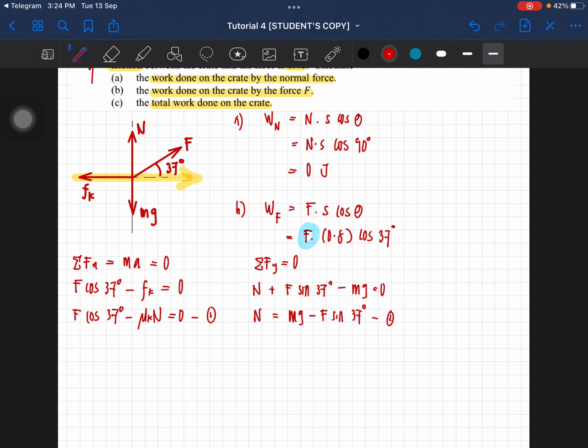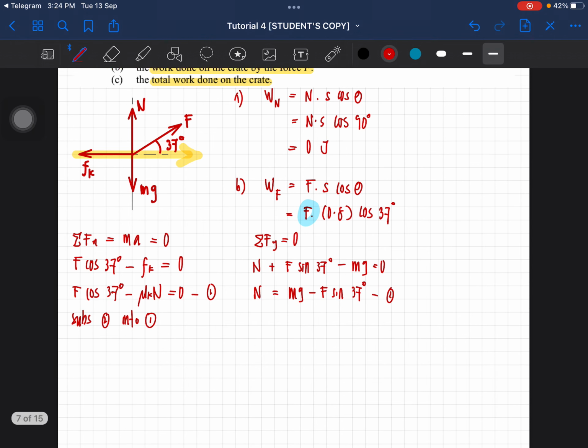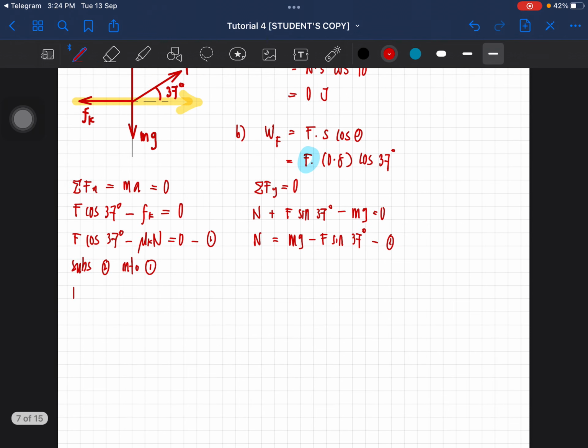Now we can substitute equation 2 into 1. So that is F cos 37 degrees minus mu k N, where N is mg minus F sin 37 degrees, equal to 0.